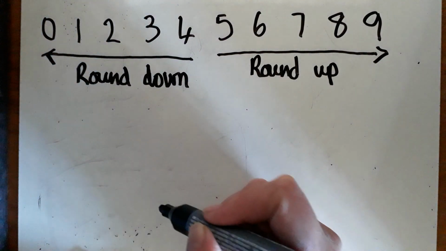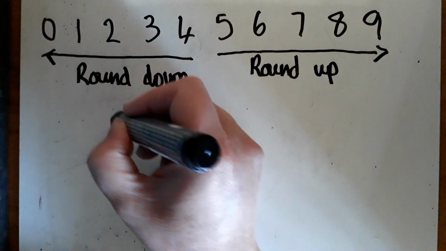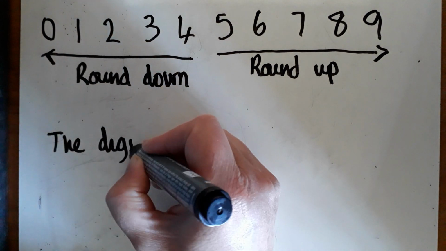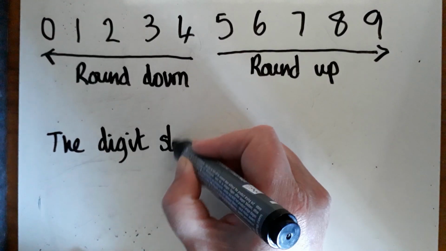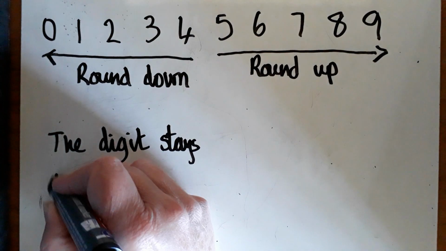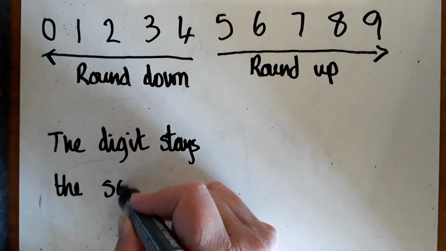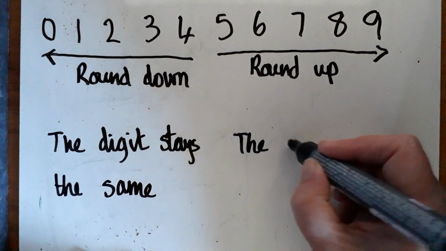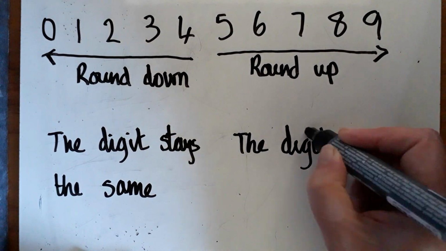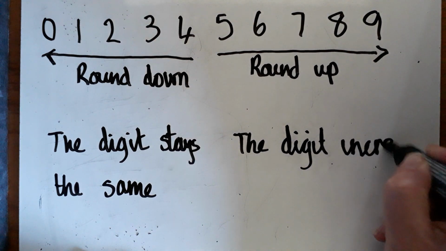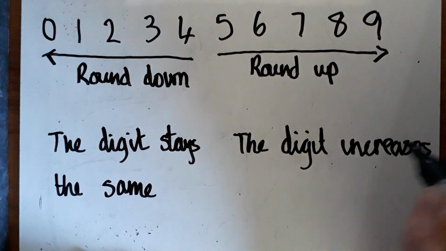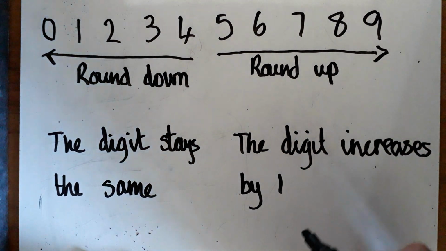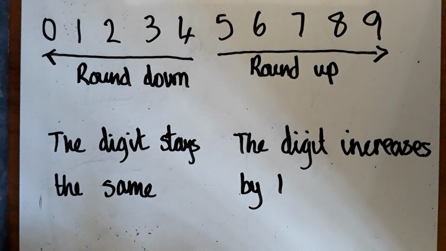When we round down, the digit stays the same, and when we round up, the digit increases by 1.